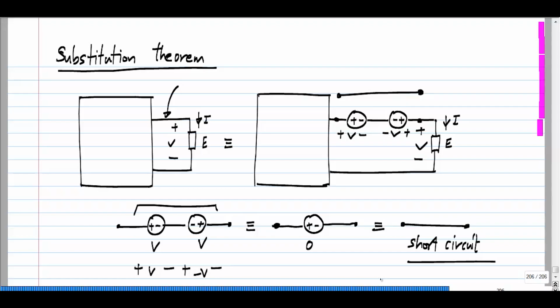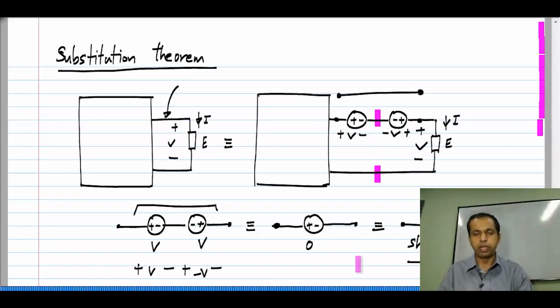Now, let us consider the voltages at this node and that node. We can take any reference we want, but just for simplicity, let me take this node itself as the reference. I could take anything else I want, it does not matter at all.